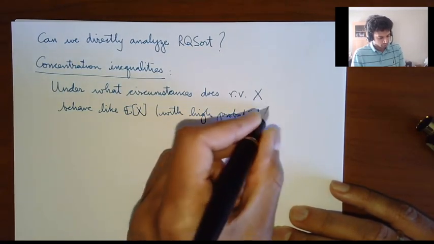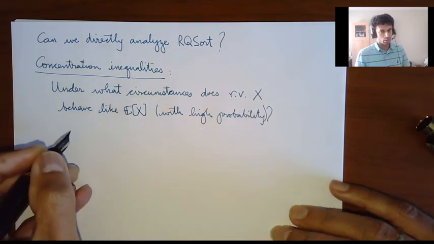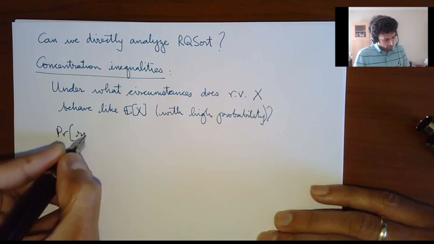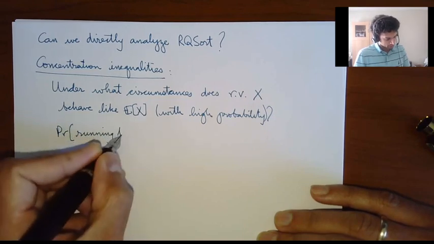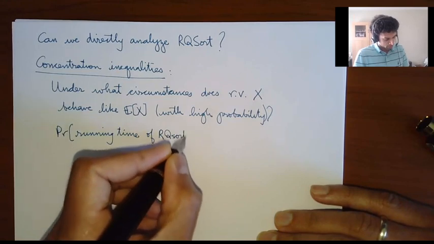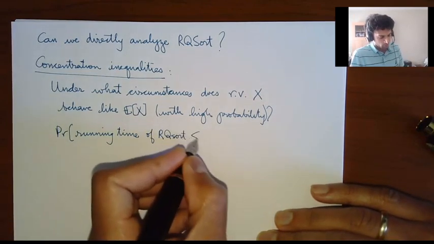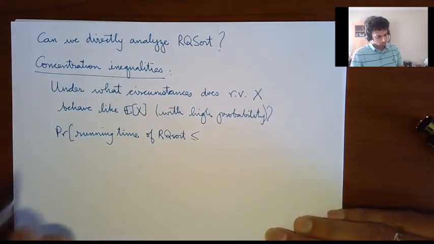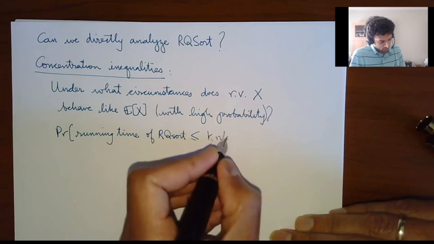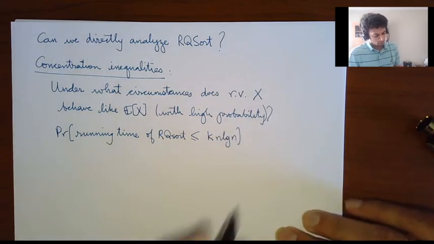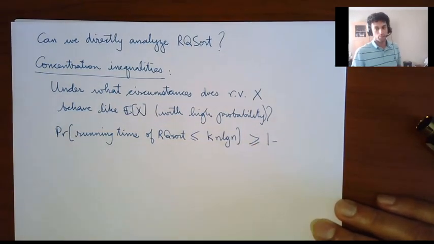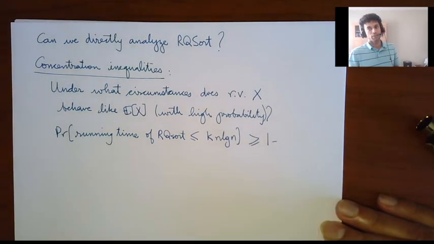So what we would ideally like to say is something like: the probability that the running time of randomized quicksort is at most, I'm just going to put some numbers here, k times n log n, is at least 1 minus some decreasing function of k.